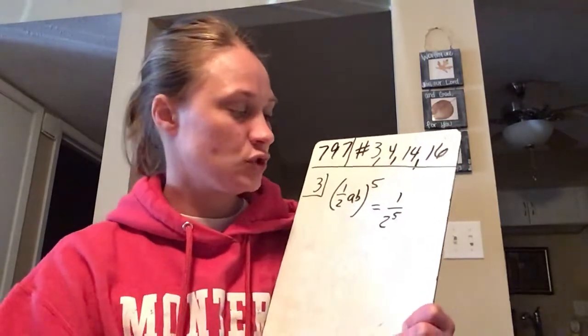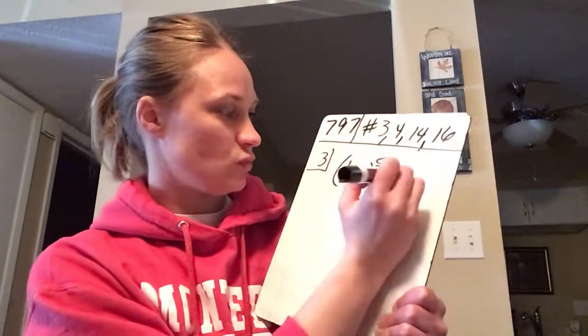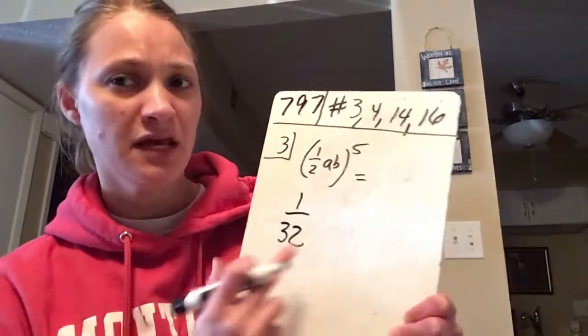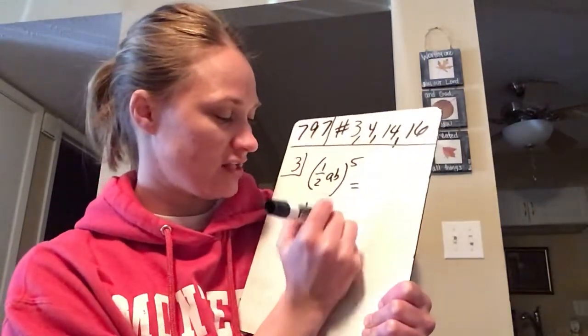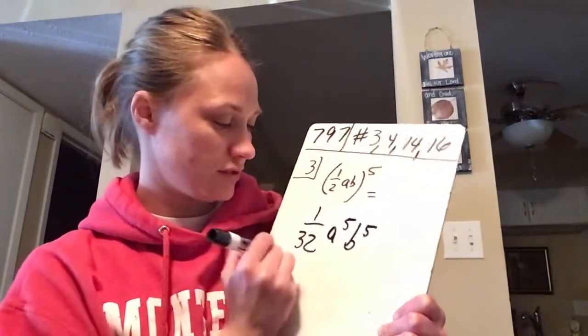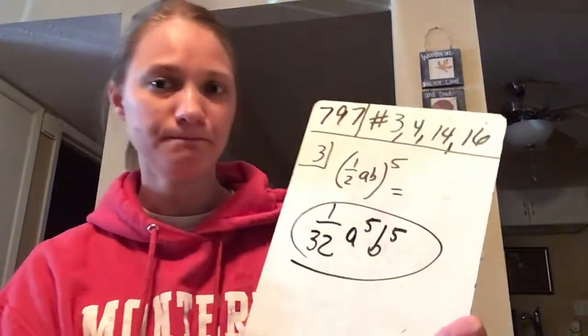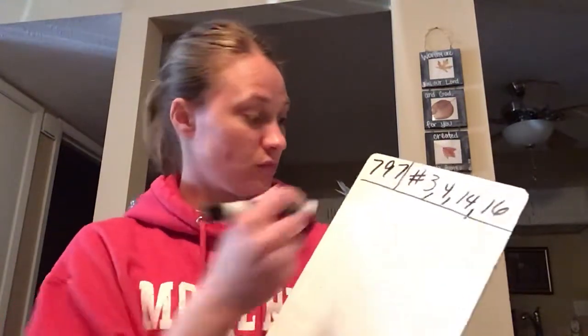So I'm going to end up with a fraction that's 1 over 32. Then the a and the b both get raised to the 5th power as well. So to get it correct, you've got to have a to the 5th, b to the 5th. Everything gets raised to the 5th power. That's number 3.